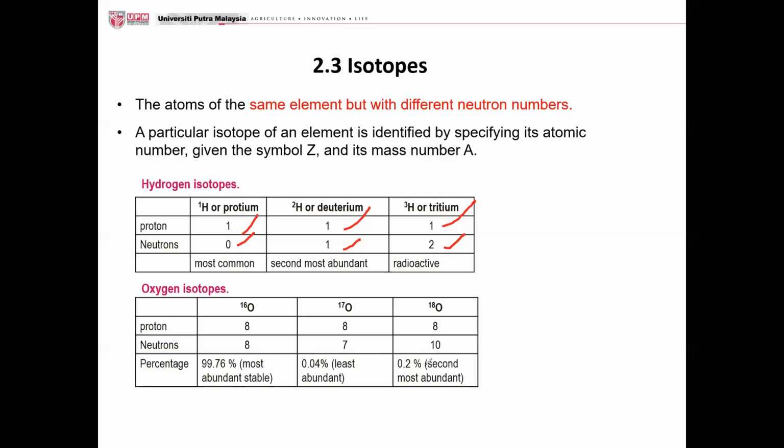For you to understand isotopes, I'll give you an example. We have one person, let's call him Abu. In 2018, the weight of Abu was 50 kg.